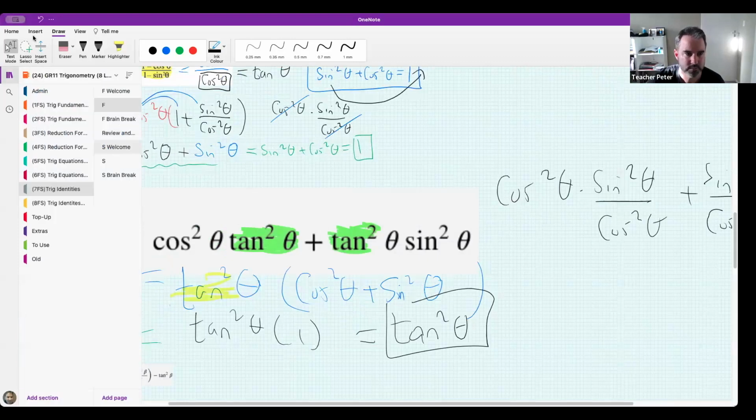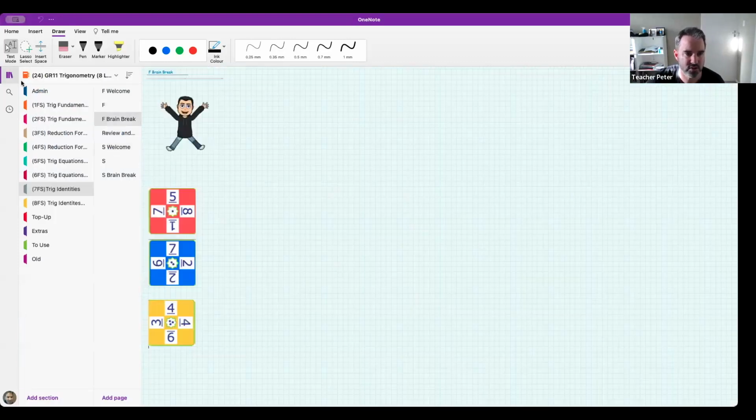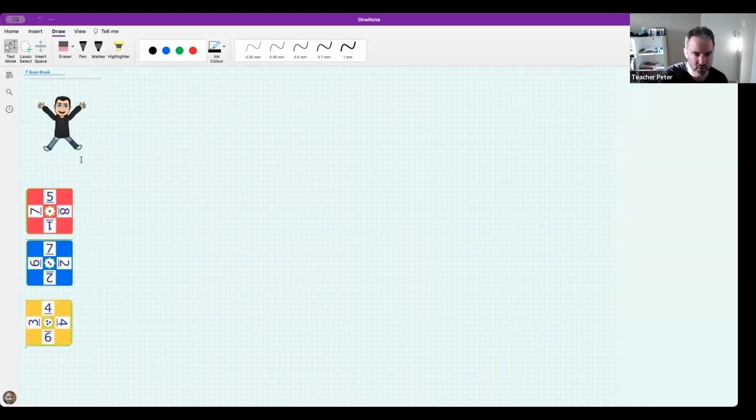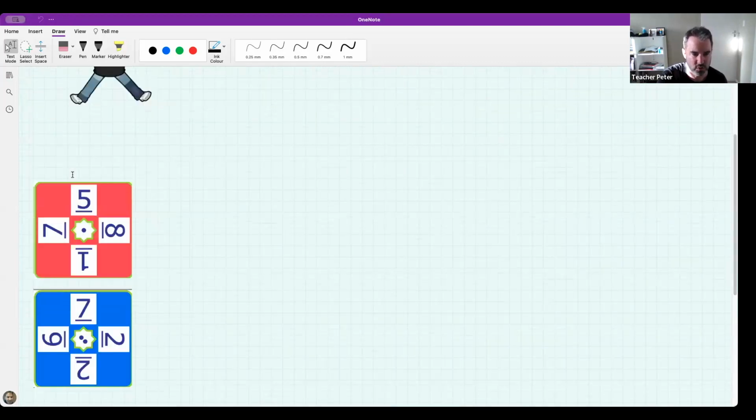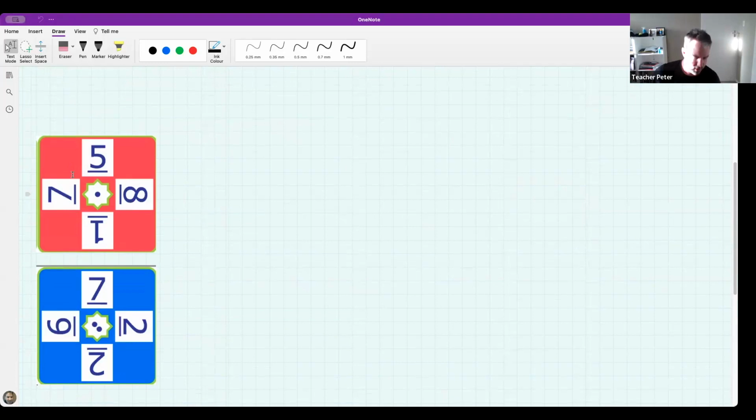Then let us go and do a little maths puzzle while we let our brains unwind. So we are going to do a maths 24 puzzle, and you have a choice of 3 of them. Well, let's actually do these 2. Can you make 24 using either of these cards? See if you can do that.